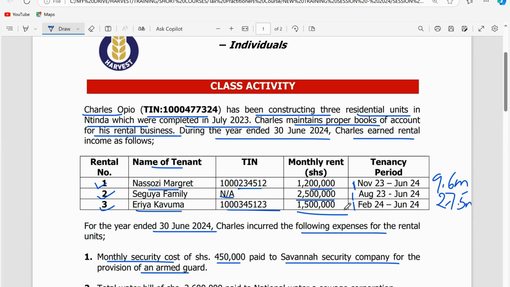So let us first of all count the number of months. From 1st of Feb 2024, 5 months. Someone is saying 5 months. Would that be correct? Share with me in the chat what you think. 1st of Feb 2024 to 30th of June 2024. 5 months, correct.